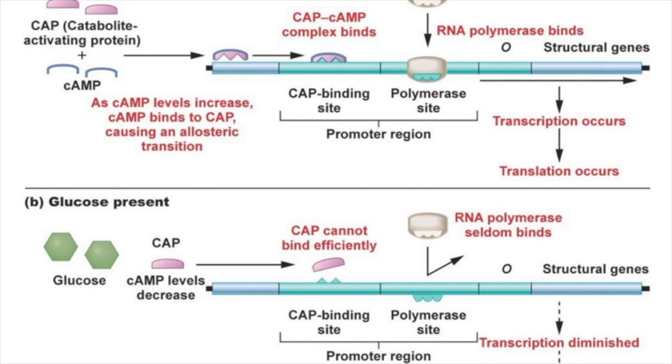And so forgetting what happens on the operator with the repressor protein, if you have glucose, even if there's no repressor protein bound to the operator, and that would be, of course, because there's lactose in the system, if there's glucose present, you're not going to get much transcription, because there is not enough cyclic AMP for CAP to bind to that promoter region site.